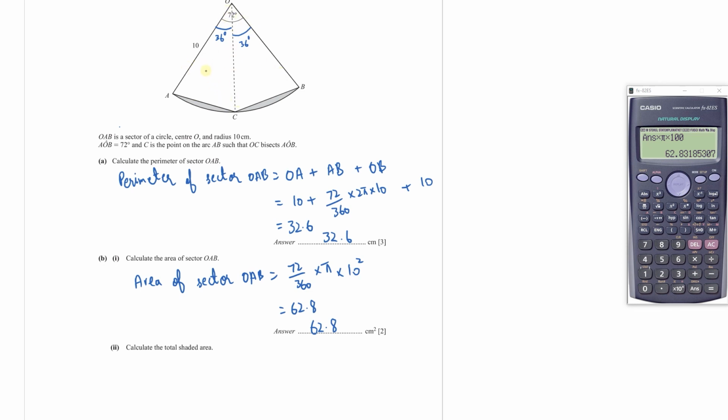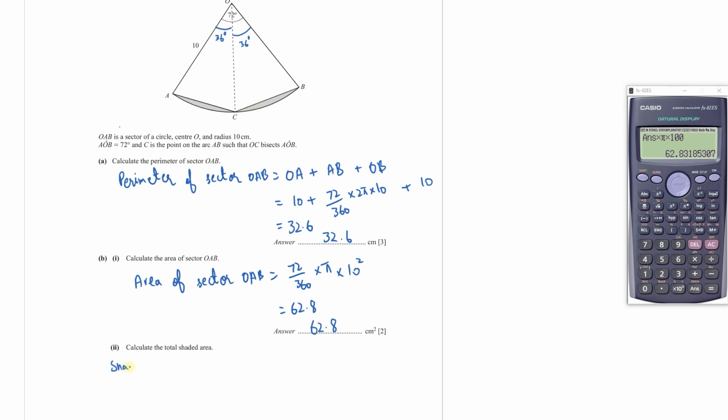So I can simply calculate the area of one of these triangles and multiply it by 2. And once I have the area of these two triangles, I can subtract it from the area of this full sector. So that will give me this shaded region area.